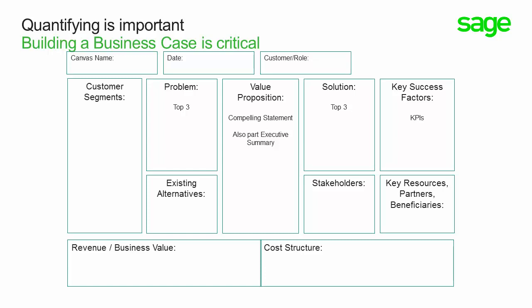Things like that. They are your key success measures. The solution will speak to the sorts of things we're proposing. The resources and the stakeholders are the people we've talked to and the people that need to be involved in the project. And of course, the cost filters through to things that we have to have paid for.